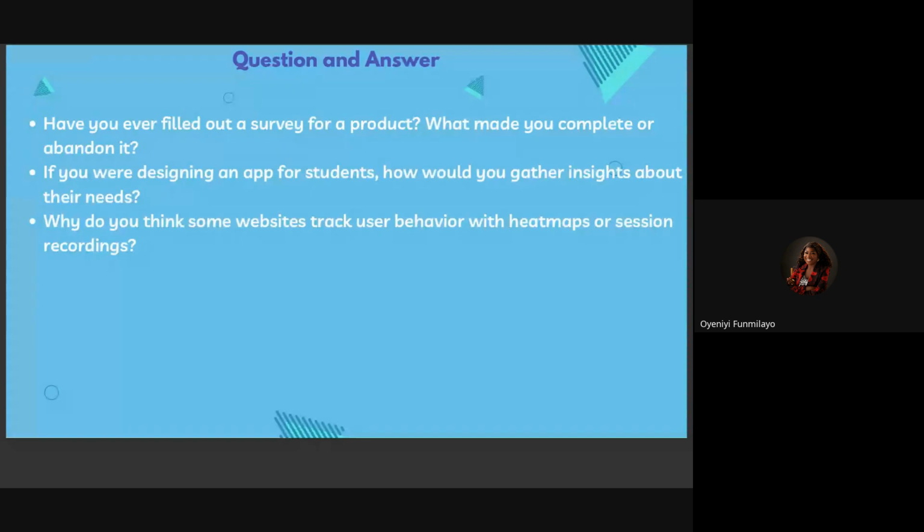Yes, but how would you do the research? By sending out survey questions. To whom would you be sending the survey questions?